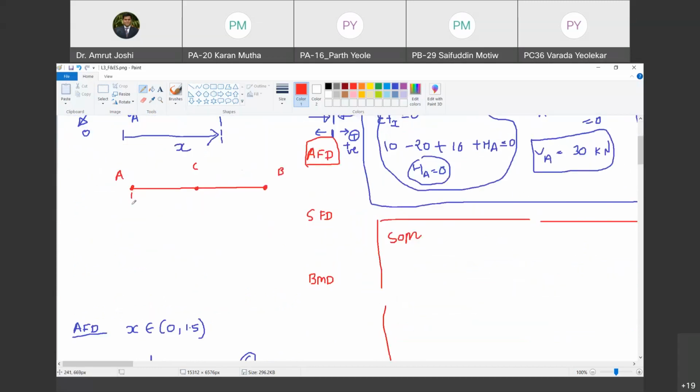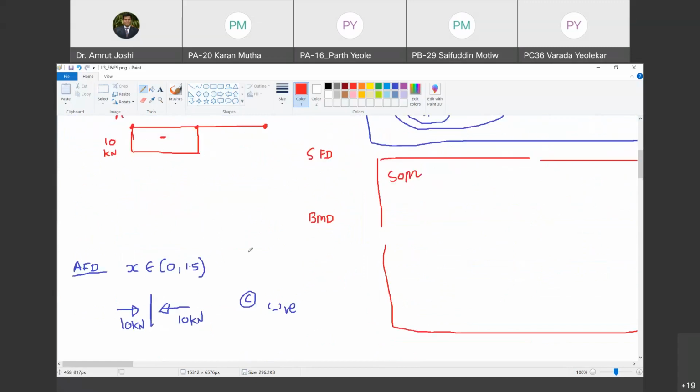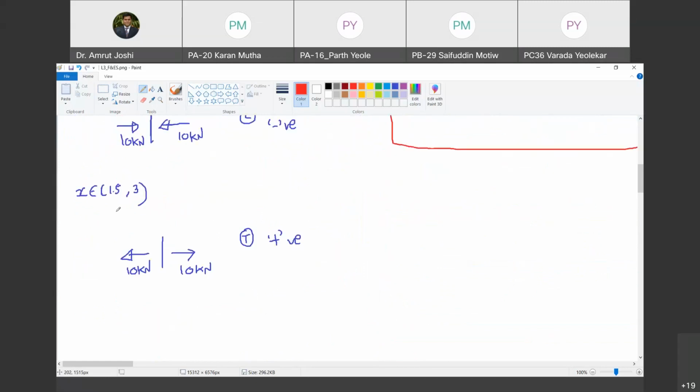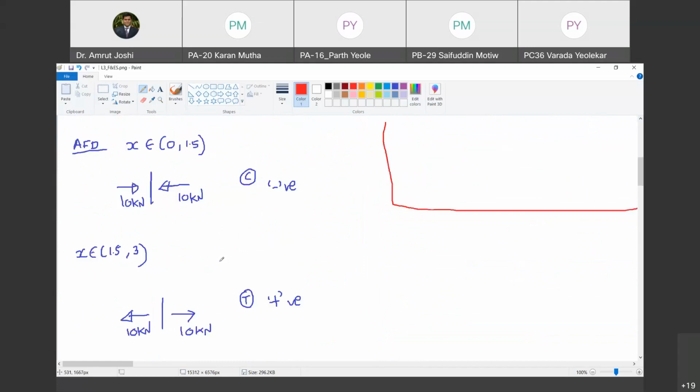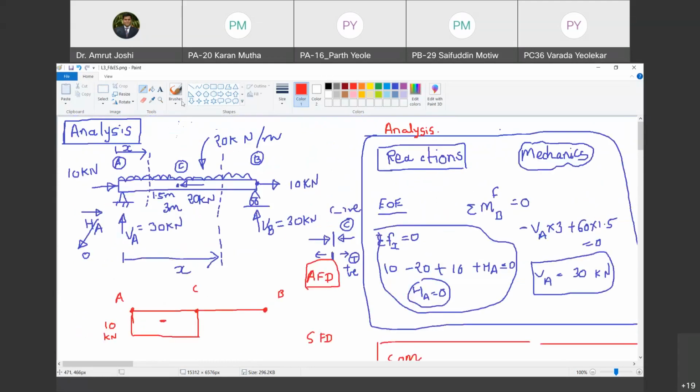So I'm going to draw this on the negative side because it is compressive in nature, and I'm going to write the magnitude as 10 kilonewton. I can either write it as compressive or I will simply give a negative sign with the understanding that compression is negative for me. So in portion AC, the axial force diagram looks like this, and in portion CB, the axial force is 10 kilonewton tensile.